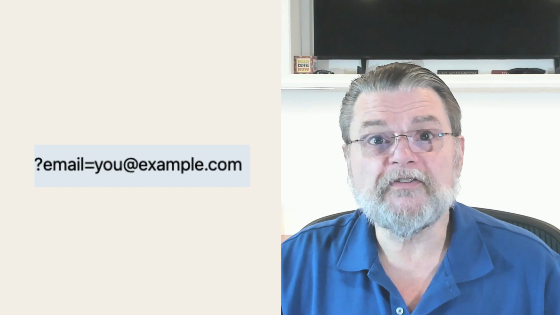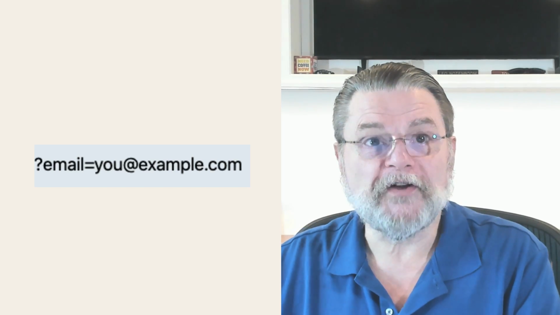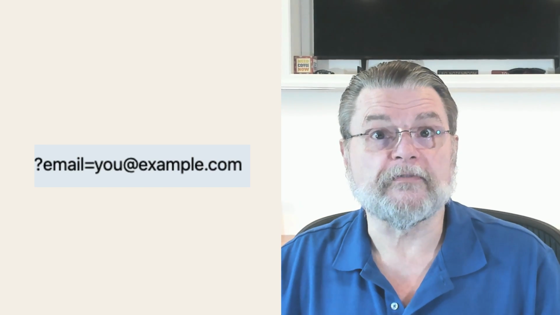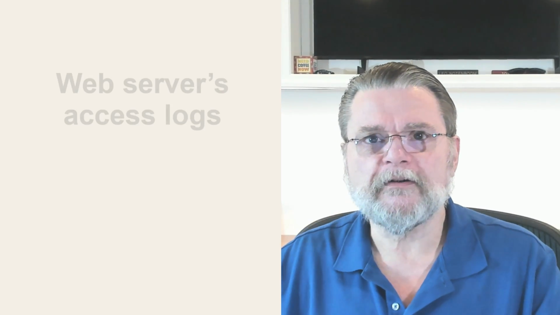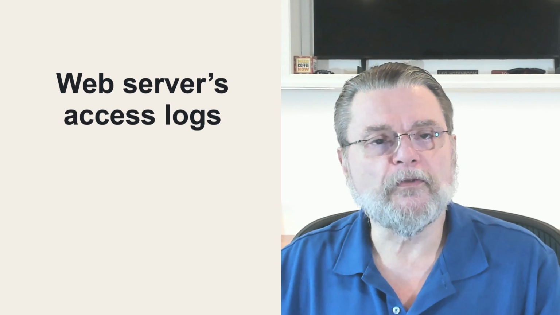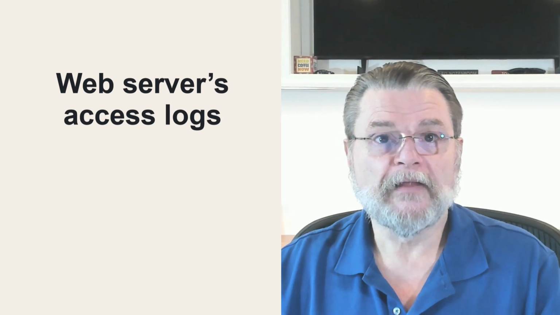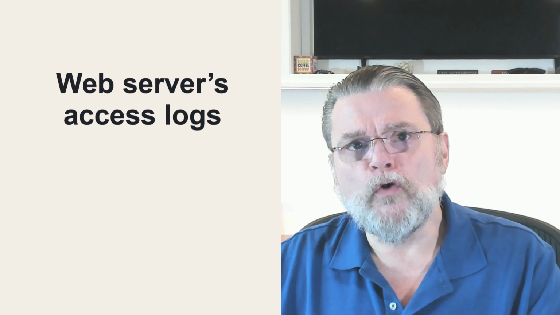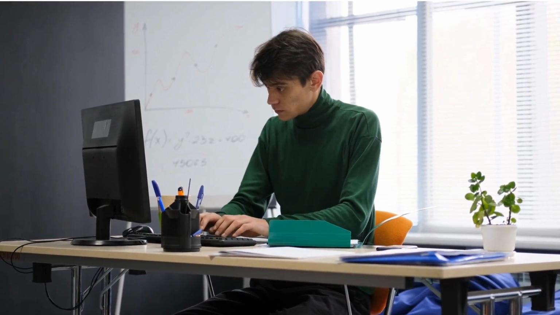Since this is an image, everything including and after the question mark is actually ignored by the web server, which just returns the image. But the full reference, including the email equals part, is logged on the web server's access logs. And now I can tell not only that the message was opened and that the image was displayed, but I can tell exactly who opened it. Unless, of course, images are blocked in your email program.